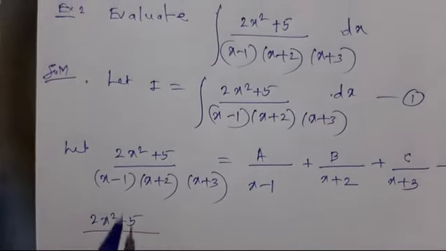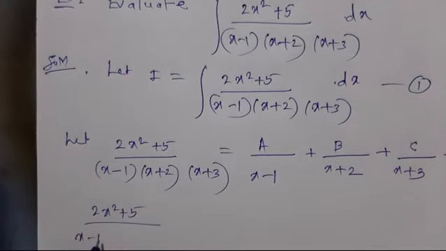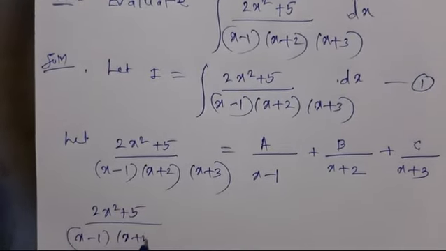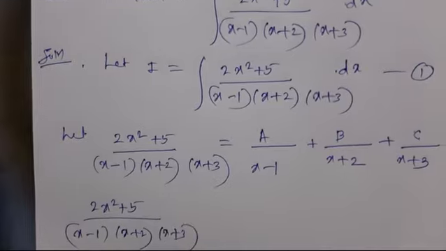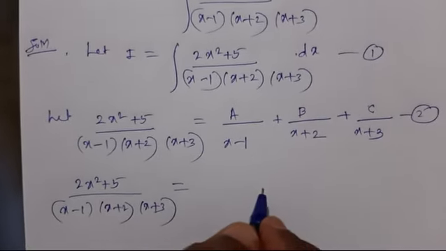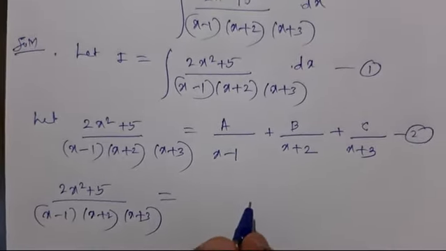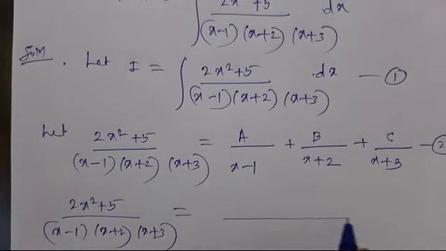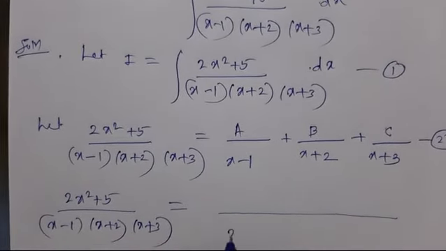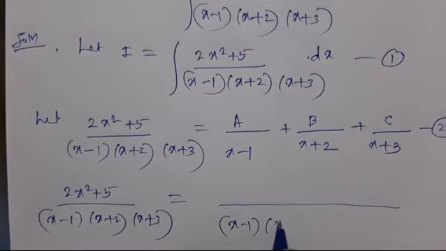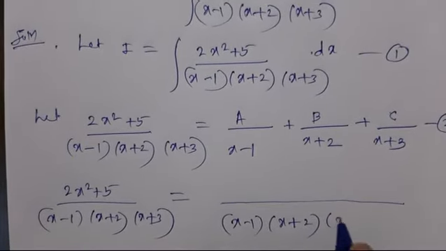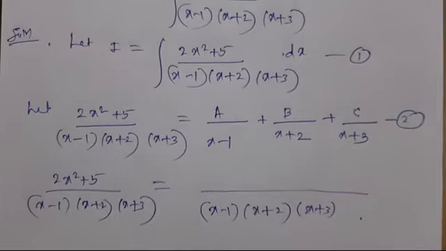2x square plus 5 upon x minus 1 into x plus 2 into x plus 3 is equal to... so I will take the LCM here. LCM is nothing but the product of the denominators, x minus 1 into x plus 2 into x plus 3.